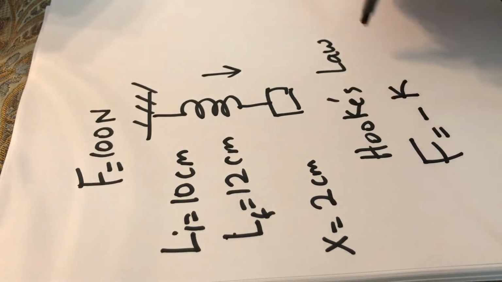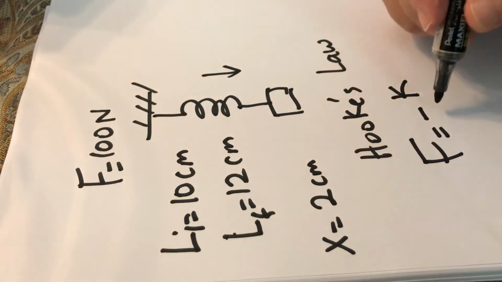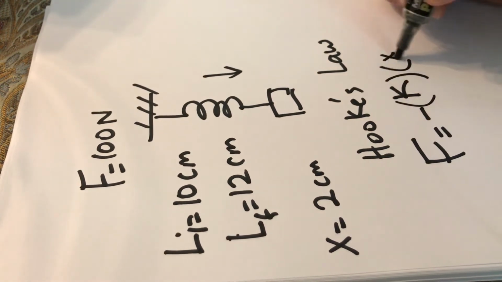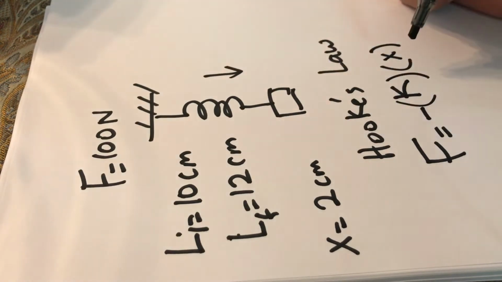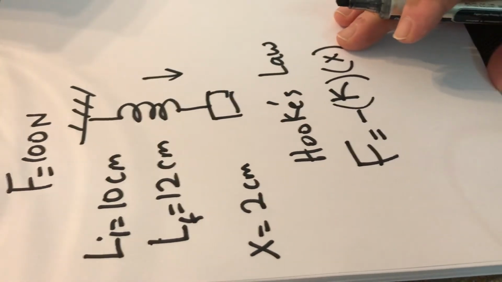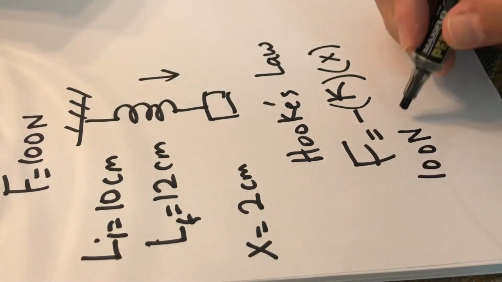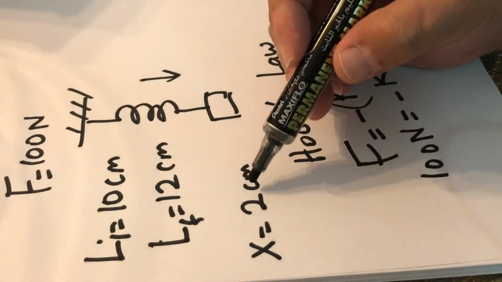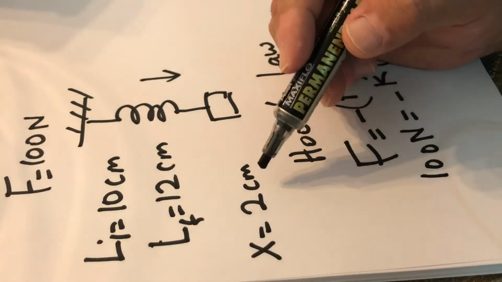So according to Hooke's law, the applied force, this is the applied force here, is equal to minus k multiplied by the change in length of the spring. So if we put the value here, 100 Newton equals minus k, of course we need to change this from centimeter to meter by dividing by 100.